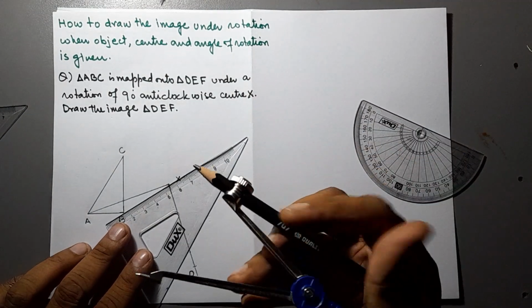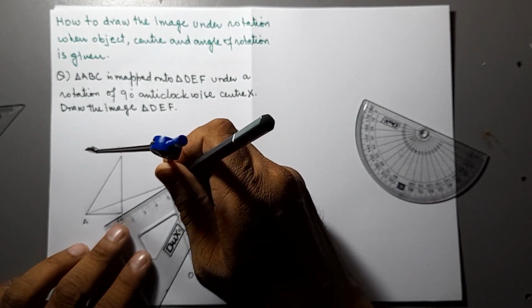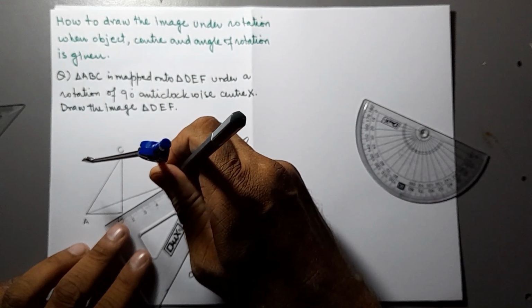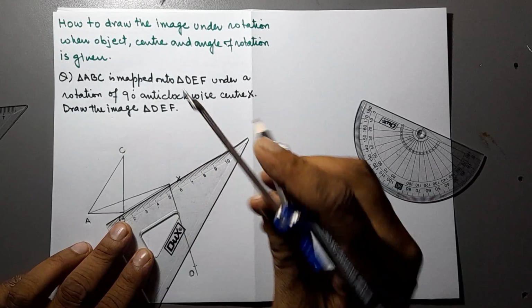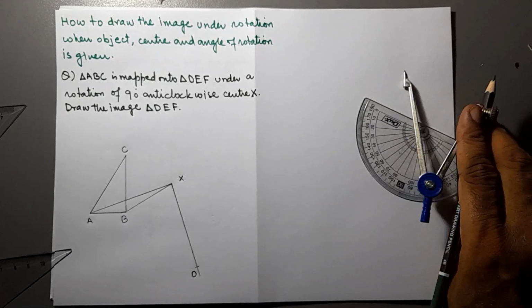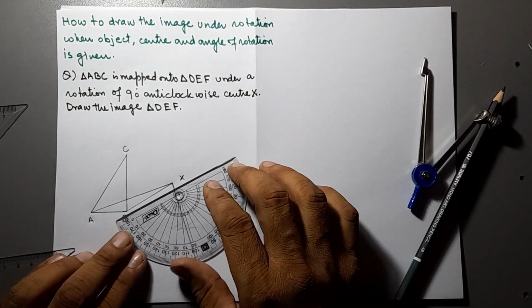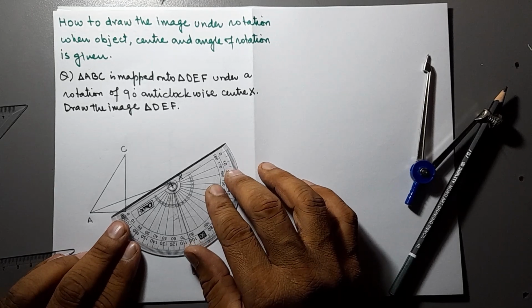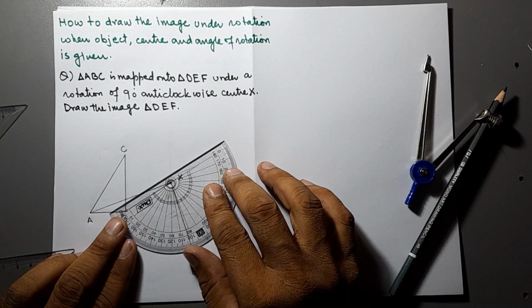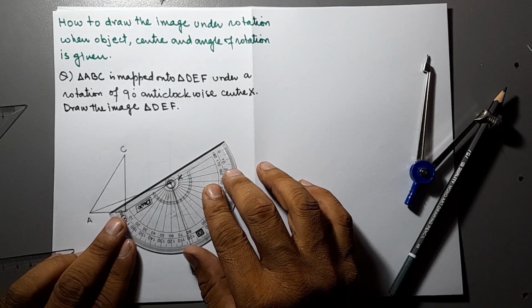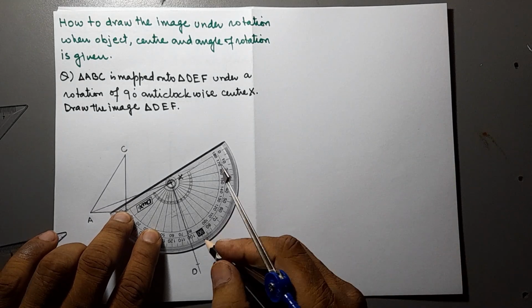Now I will repeat the same process for the point B. I will join the point B with X. I will draw an angle of 90 degrees at point X and place the protractor in such a way that it will produce an anti-clockwise rotation. Now this angle is 90 degrees.